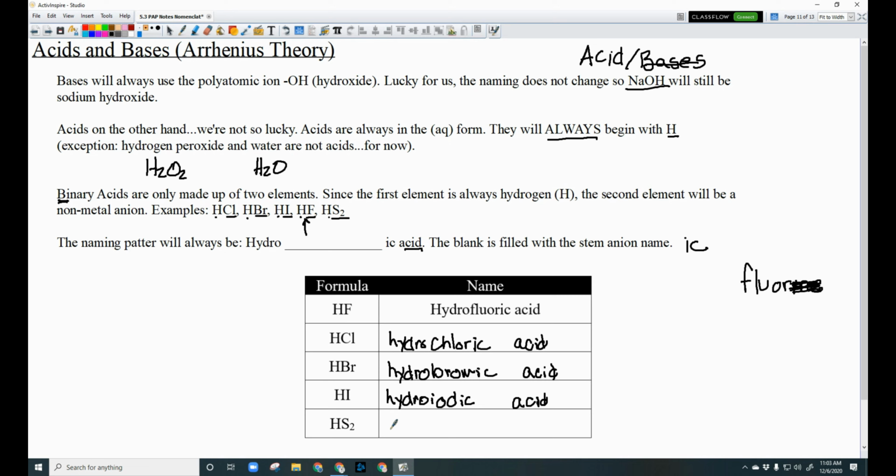And then hydrogen and sulfur, sulfur becomes sulfuric: hydrosulfuric acid. So this is just for binary acids, hydrogen plus some element.